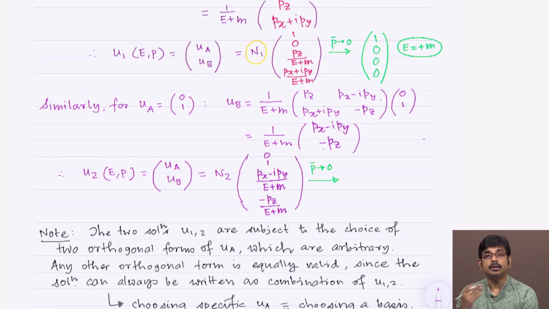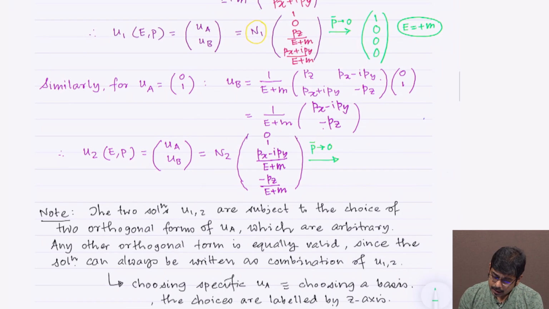Once again, I am interested in going back to the rest frame solution when p tends to 0. Can I do that? And the answer is yes. In this particular case, the solution is going to look like 0 1 0 0.